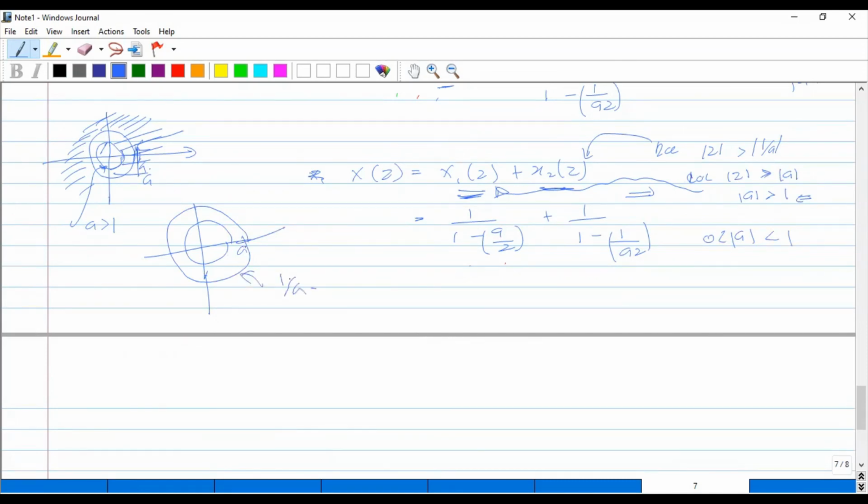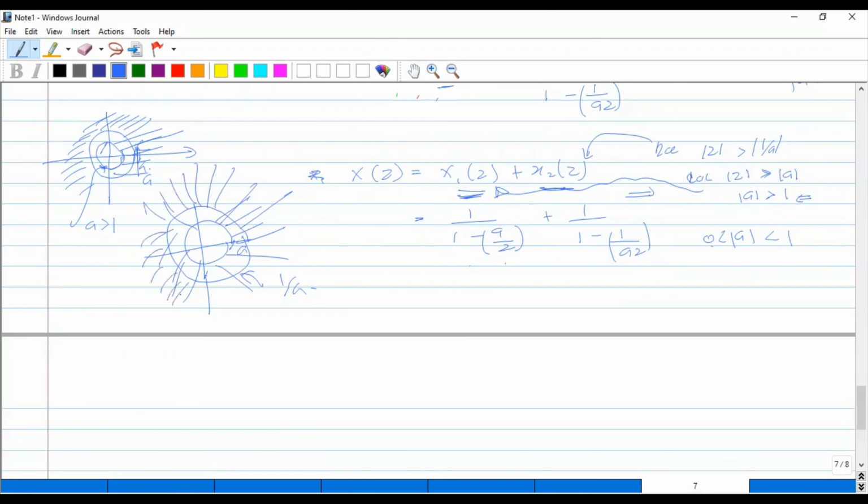So if A is between 0 and 1, for x1 the ROC is this area, and for x2 the ROC is this area outside this circle.